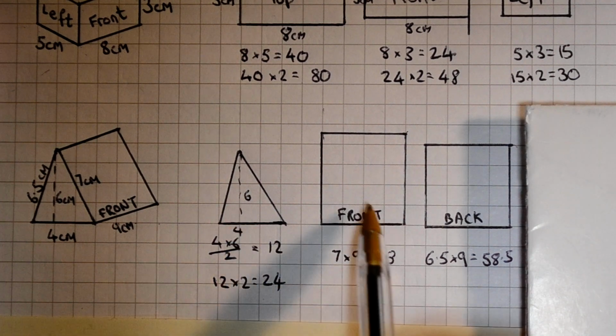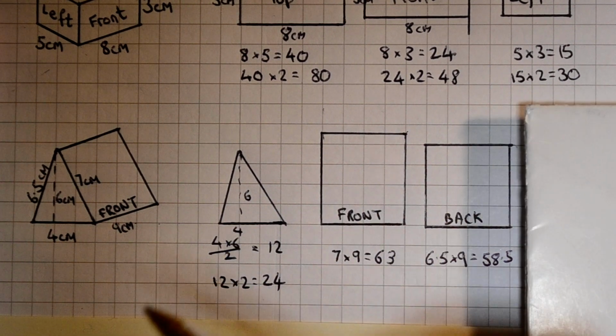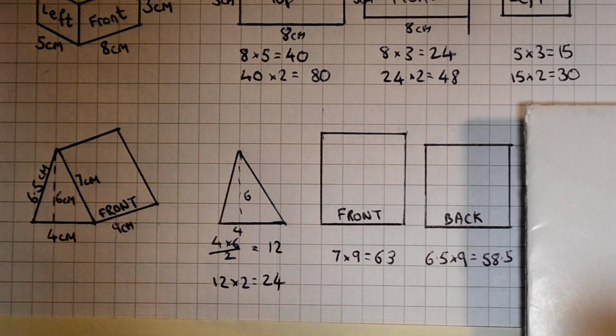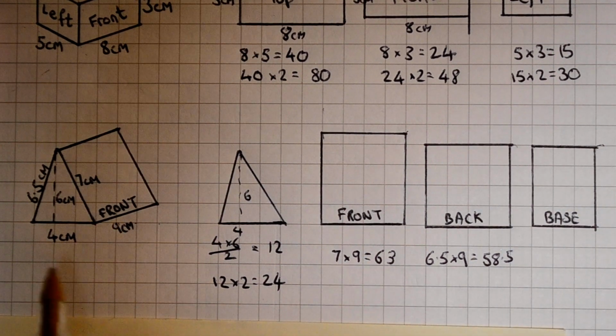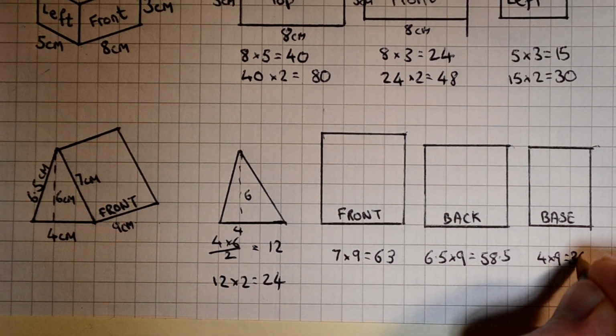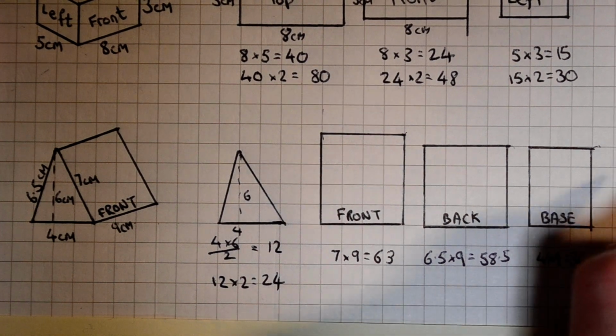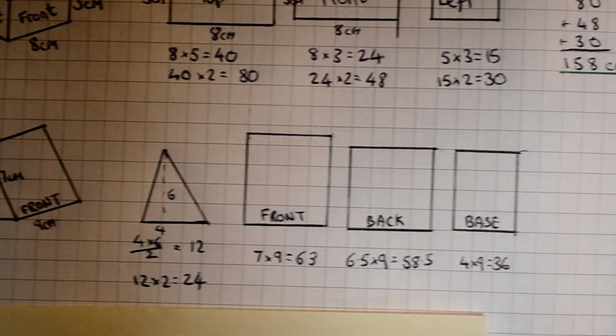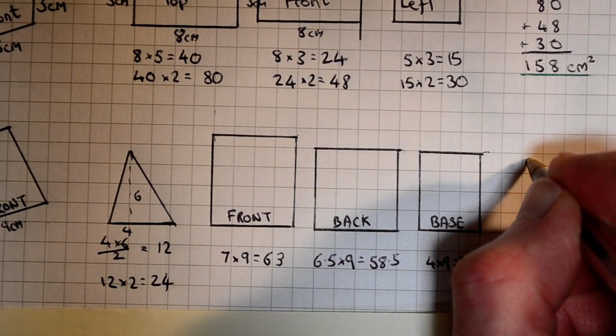So we've done 2, 3, 4 faces. The only one that's left is the base from underneath. So the base we know is 4 times 9. And so again we find total surface area by finding the sum of all the faces.